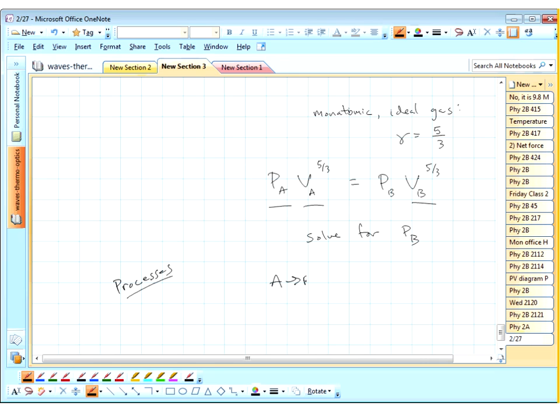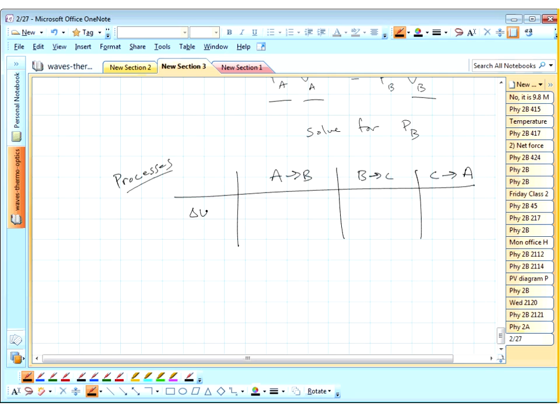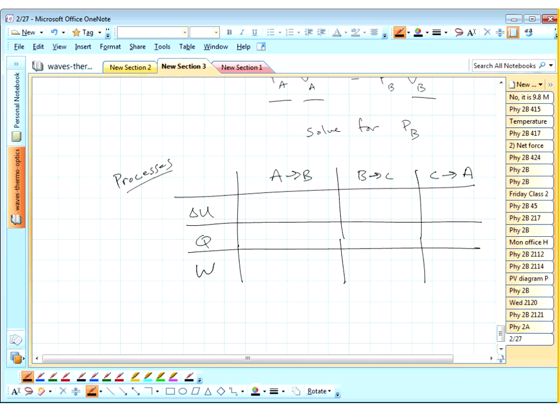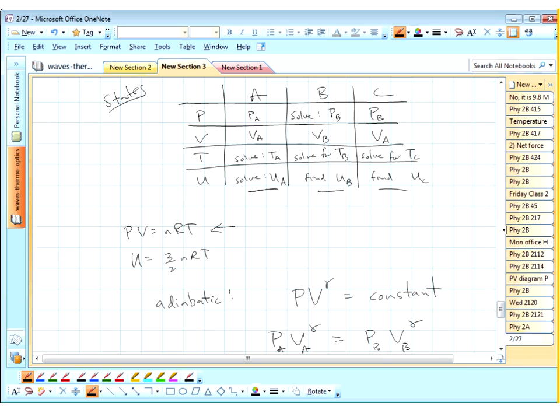So that's from A to B, from B to C, and from C back to A. Those are our three process steps. And what do we care about? Delta U, Q, and W. So the delta U's are easy because we know UA, UB, and UC.